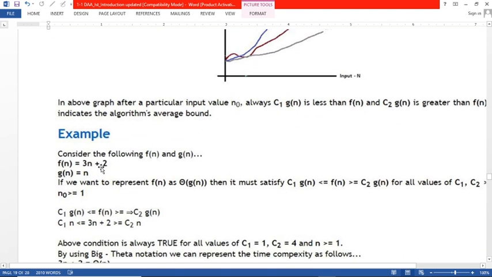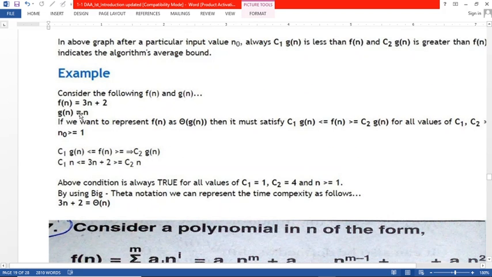Let's take the same example and we will get the value of theta. So f of n is equal to 3n plus 2, g of n is equal to n.